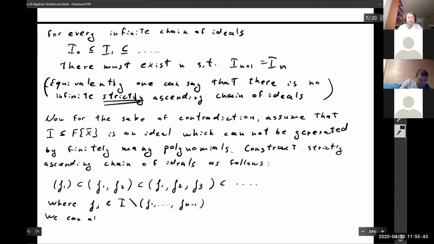I can always choose such fj because I is not finitely generated.